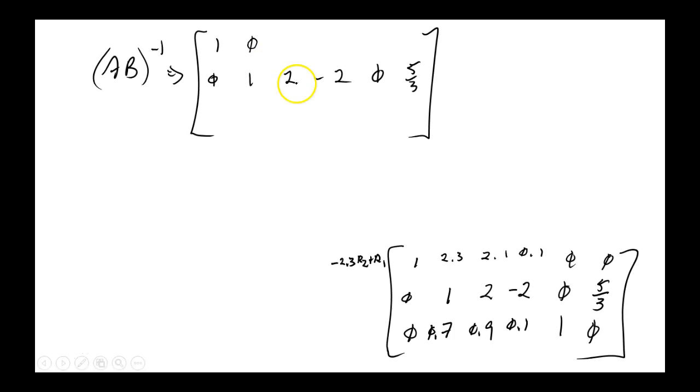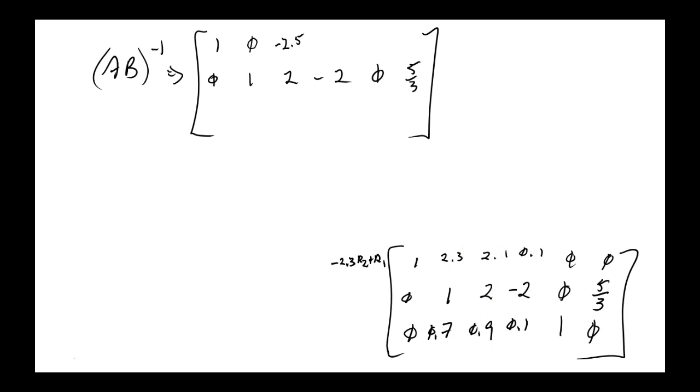Okay. Now, this one takes some effort. Negative 2.3 times 2 would be negative 4.6 plus 2.1 would be a negative 2.5, I think. Am I right or not? You said 4.6. Negative 2.3 times 2 is negative 4.6 plus 2.1, I think is negative 2.5.